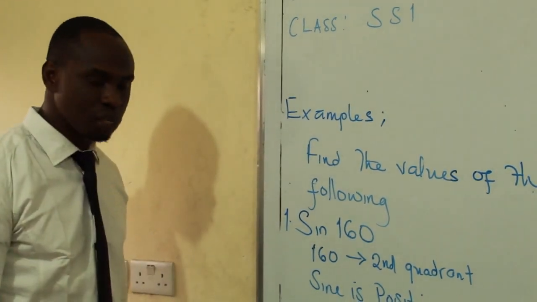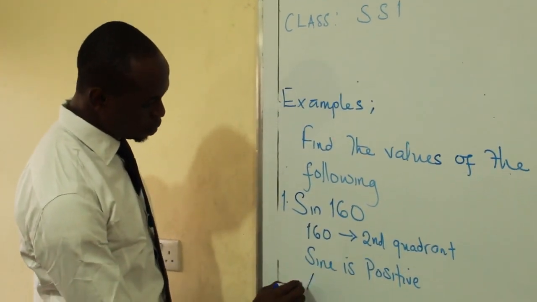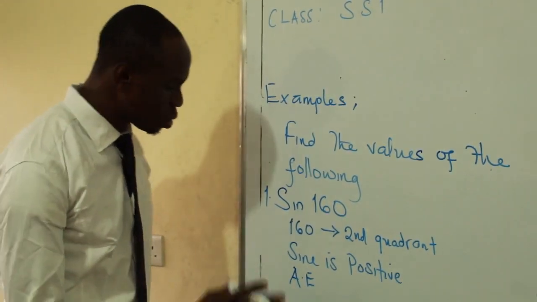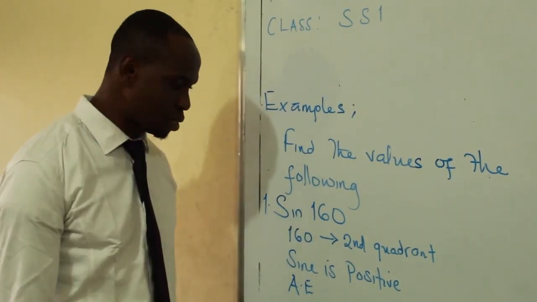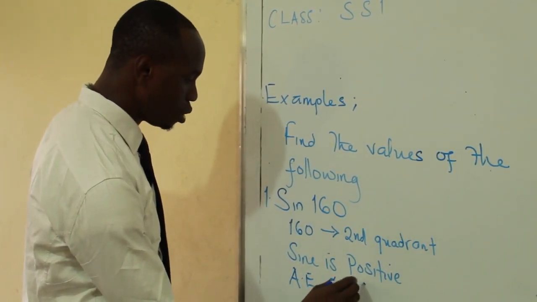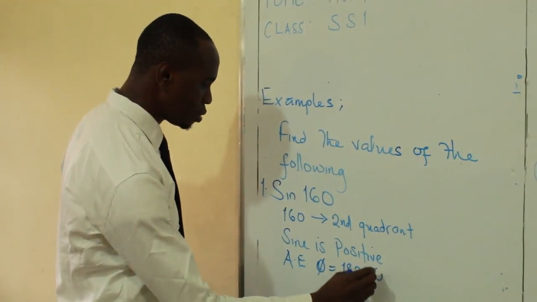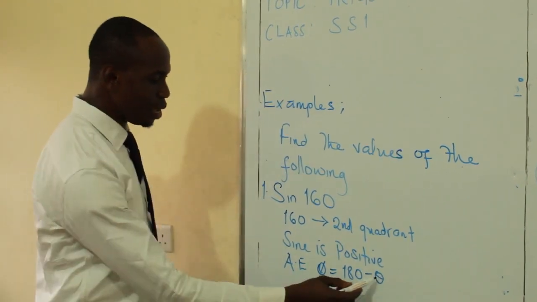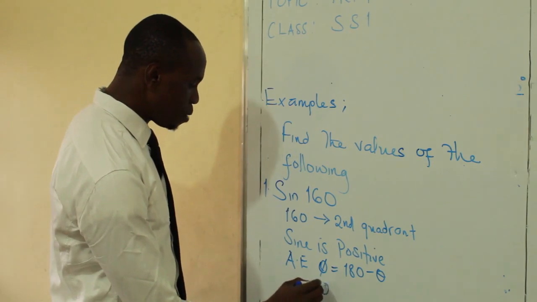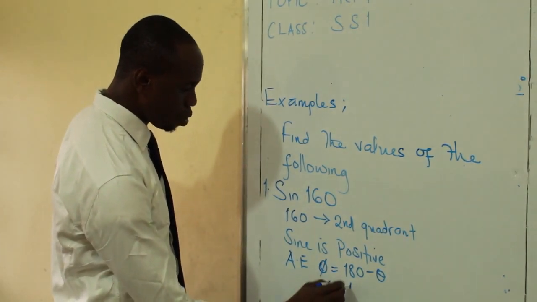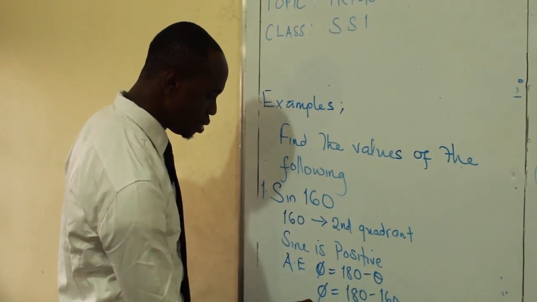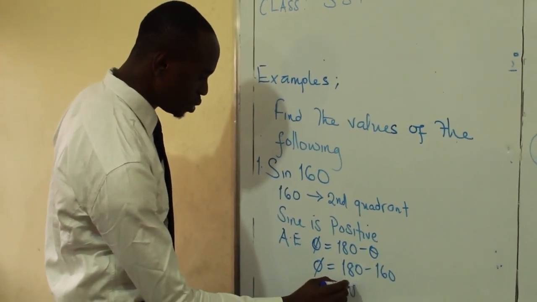The next thing I always have to get is the acute equivalence. We had given the acute equivalence in the second quadrant as phi being equal to 180 minus theta. Theta here is the 160 degrees. Phi becomes equal to 180 minus 160, and that is 20.